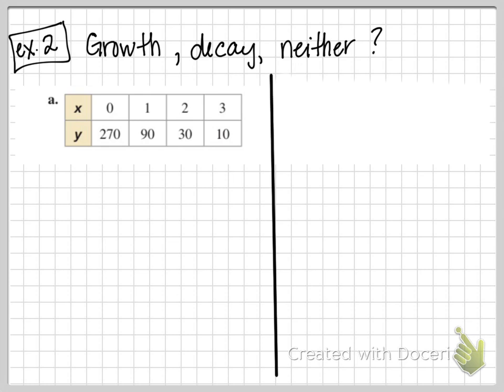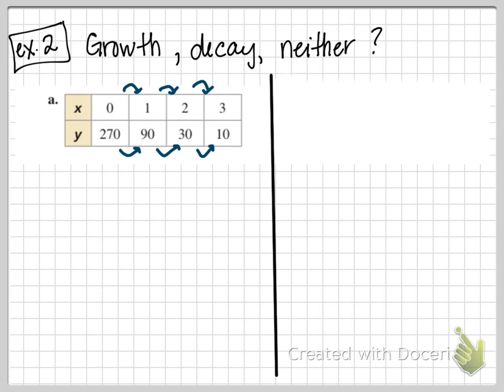First, we check to see that x is going up by equal intervals because that's part of our rule. Is it going up? Yes, by equal intervals, in this case 1. And then to see if it's exponential, we need to be multiplying or dividing by the same amount. Are we? Yes.